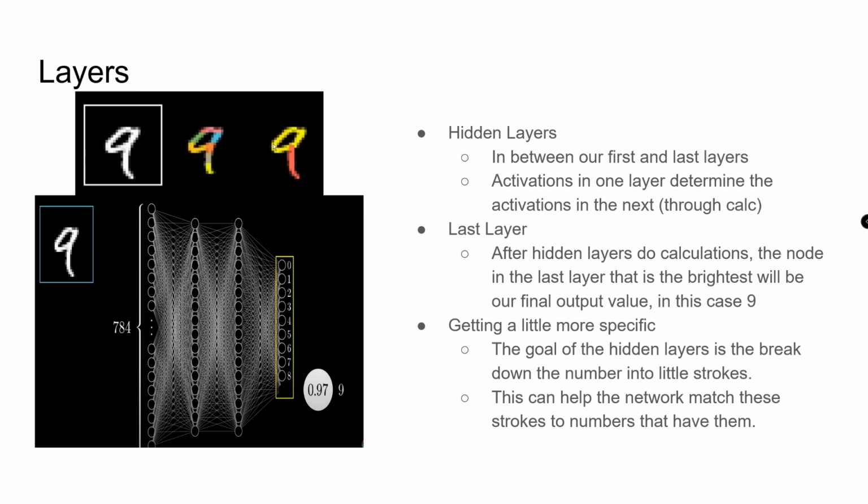This one is going to learn through many iterations, which is probably going to be in another video, that if it receives information from these nodes, let's say this stroke here, this one, and this one, there is probably a circle there.